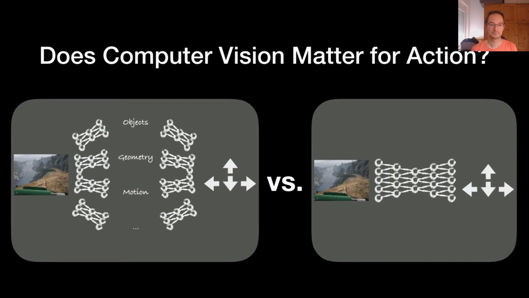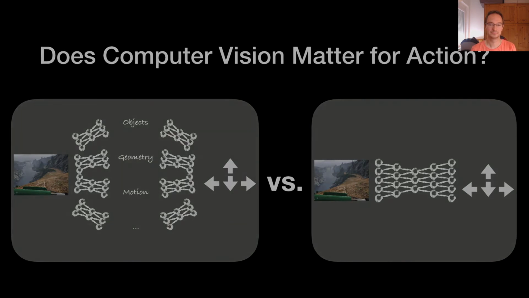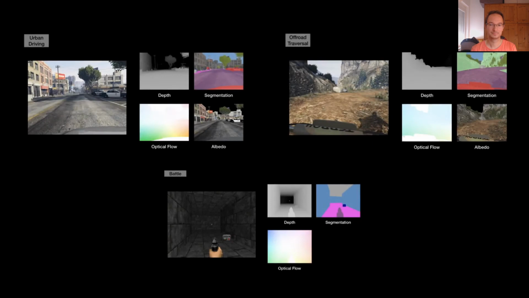If actions can be produced directly, what is the role of computer vision? Are intermediate representations needed at all? We study this question by training agents in simulated environments. Some agents use computer vision to build intermediate representations. Others do not.